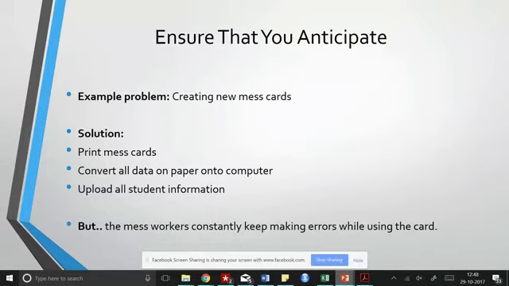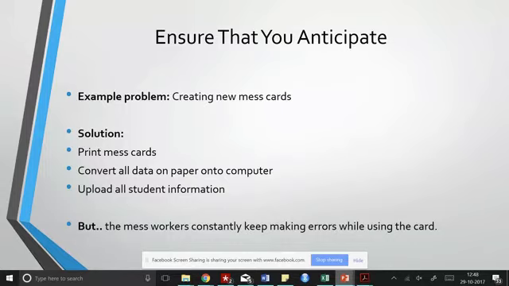But nobody's going to print 4,000 mess cards at once and just distribute them to students. That's just not very prudent. What you can do is print, say, 100 and distribute them to just one hostel initially and use this as a pilot testing stage. And let's say you've approached people and you were following up for the last few months, and finally you got something done.